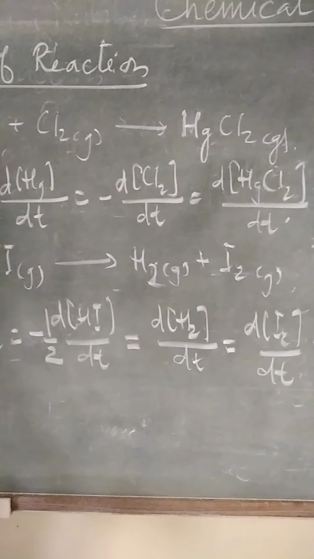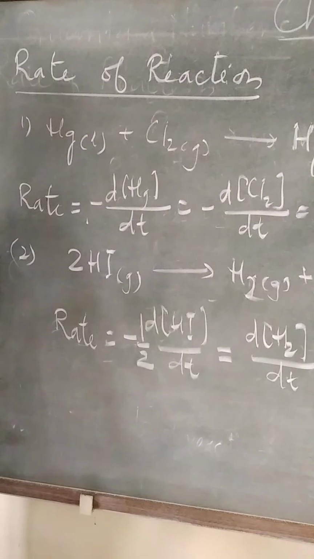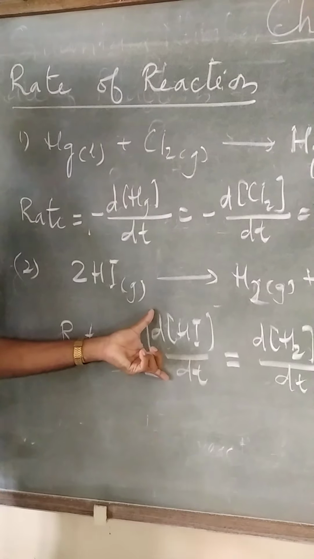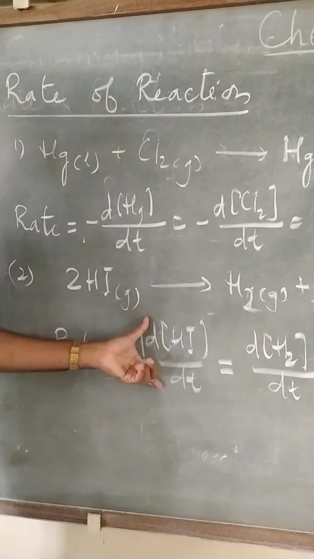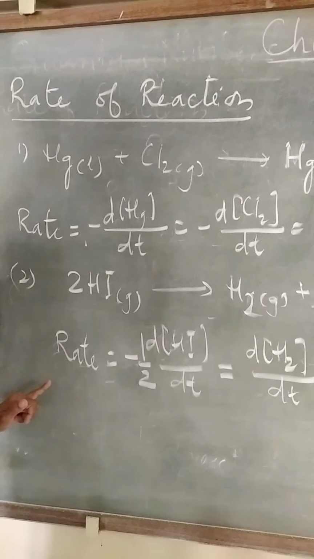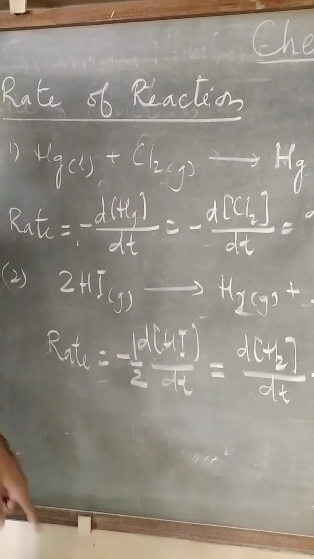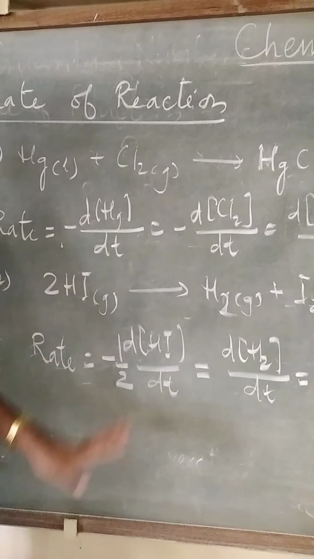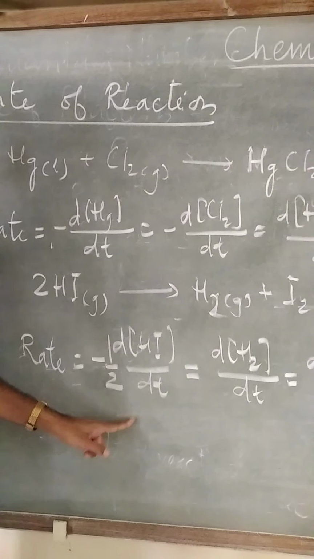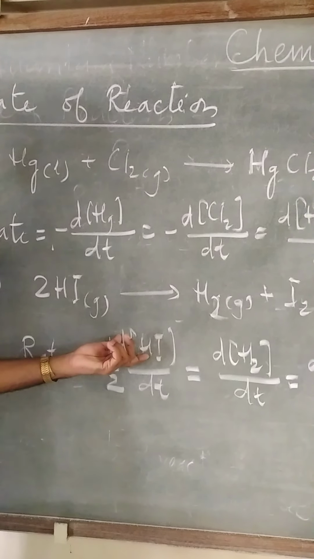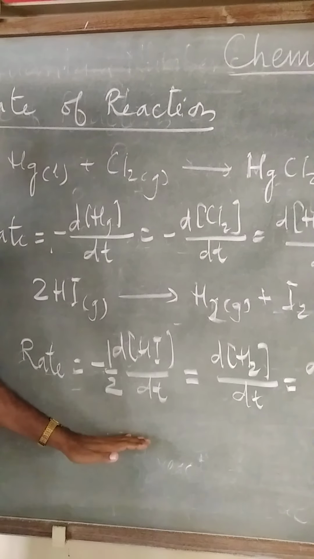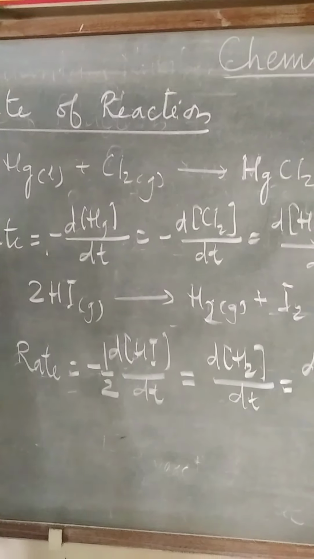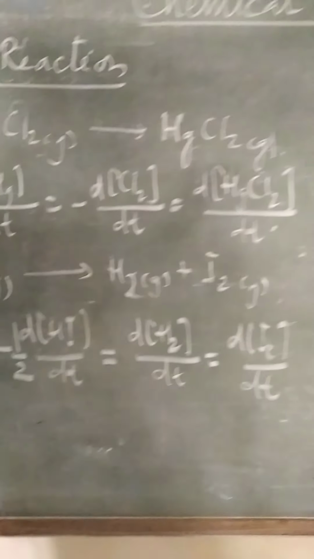This is how to write the rate equation, also called the differential rate equation. Why is it called the differential rate equation? Because the rate of reaction is expressed in the form of a differential equation, d by dt, the rate of change of a particular function, here concentration, with respect to time.